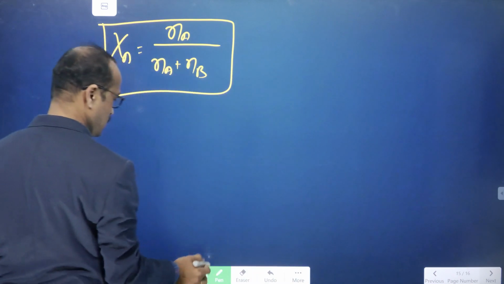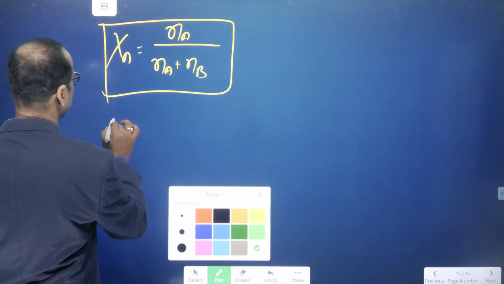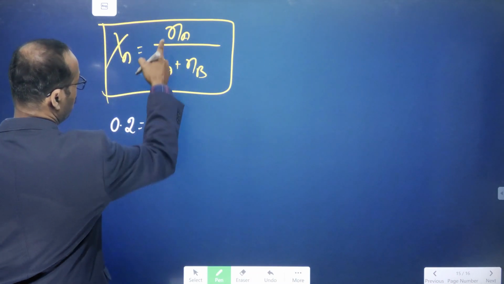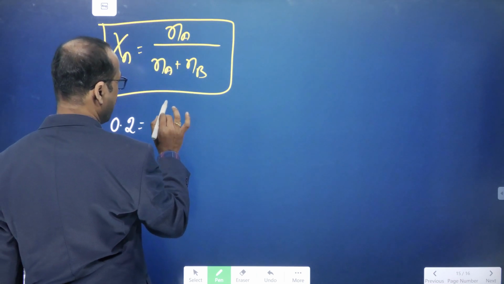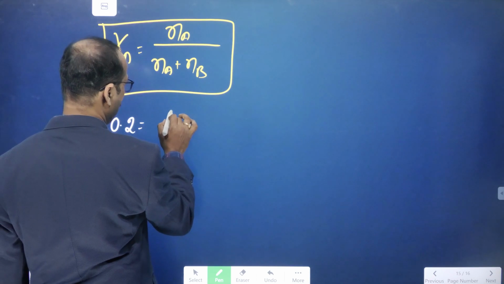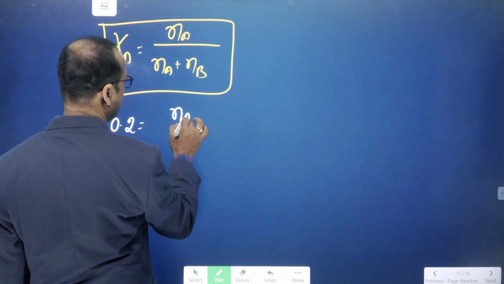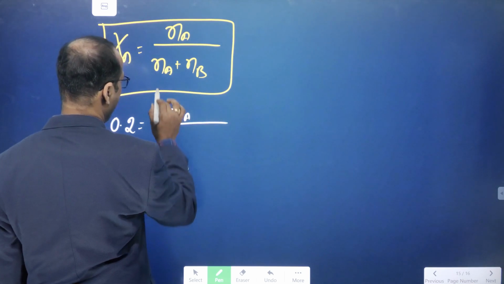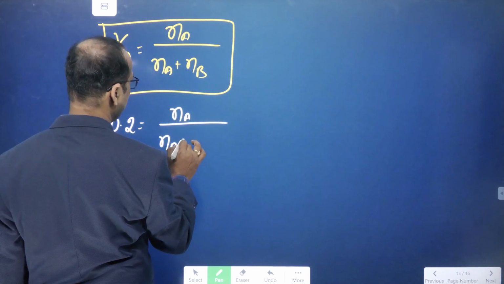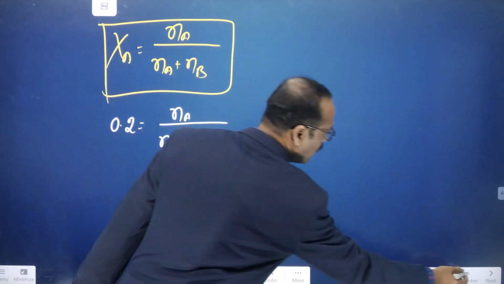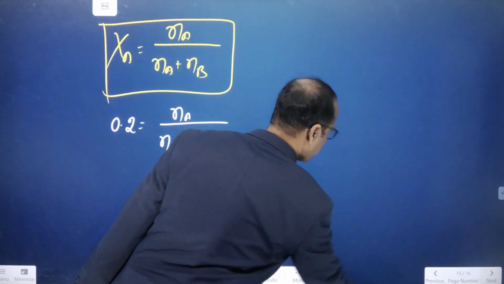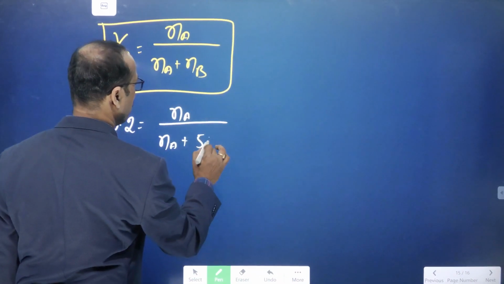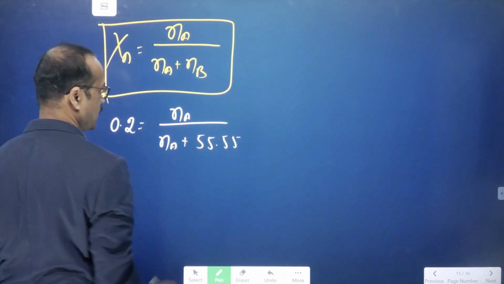So write here 0.2 is equal to Na, which we don't know, so for now let's take Na only, divided by Na plus Nb. Nb I got as 55.55. Correct? So I'll write 55.55. Clear?